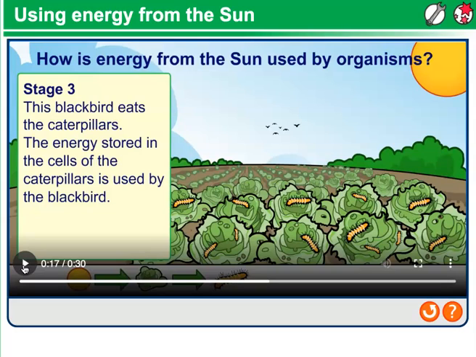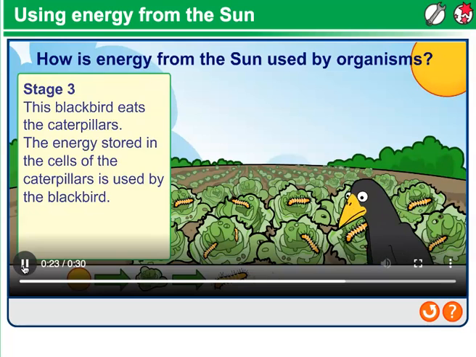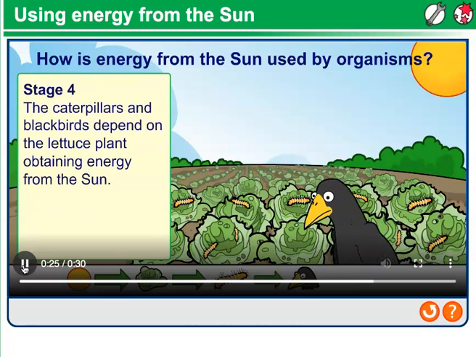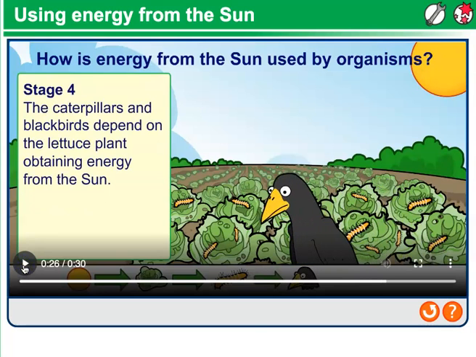The blackbirds that we see in the background here eat the caterpillars. The energy stored in the cells of the caterpillars is used by the blackbirds. In stage 4, the caterpillars and blackbirds depend on the lettuce plant obtaining energy from the sun.